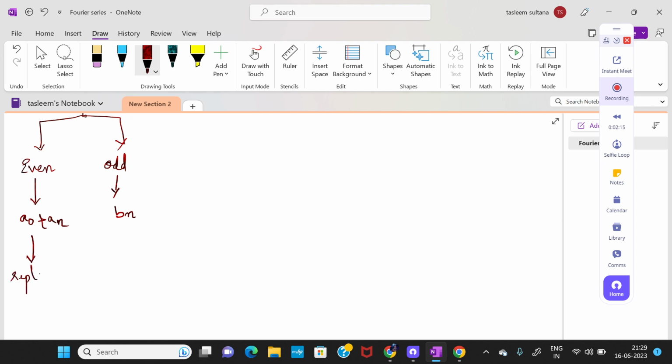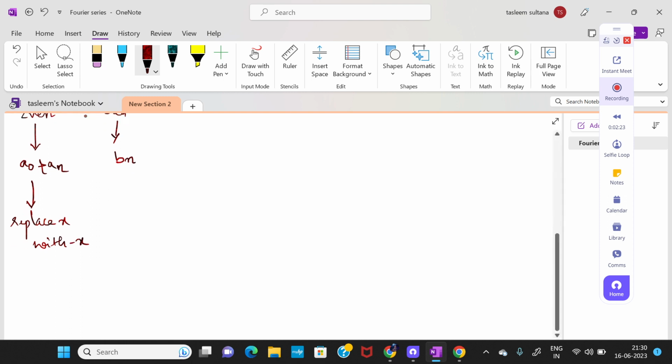Replace x with minus x in the given function. If f of minus x comes back as the same thing as the given function, then it falls under an even function.